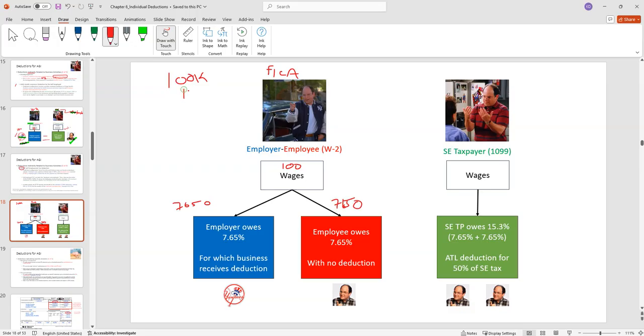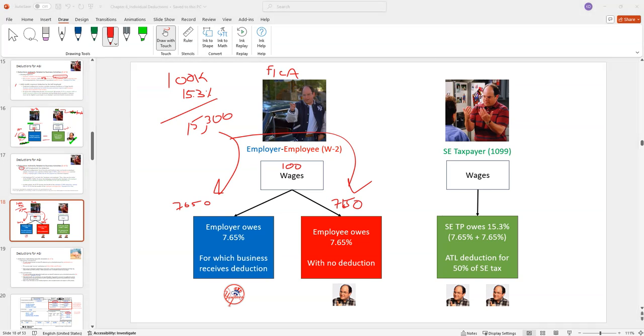And employee, you're going to pay half of it, $7,650. It's a 15.3% FICA tax, but they split the baby, $15,300 on there. They split it between those two people, the employer and the employee. Compare that with George being self-employed. George makes, let's just say, $100,000 of net self-employment income.